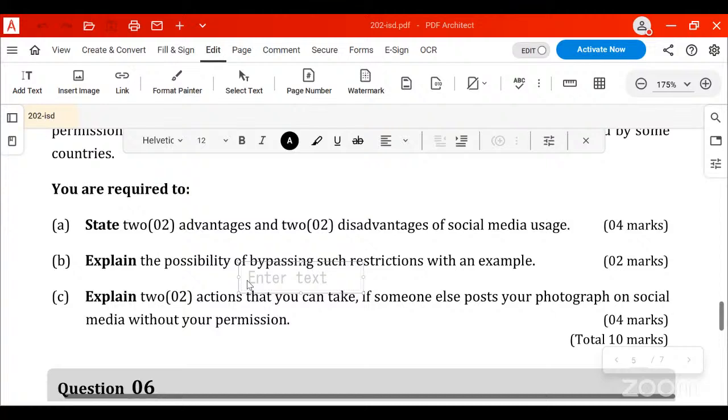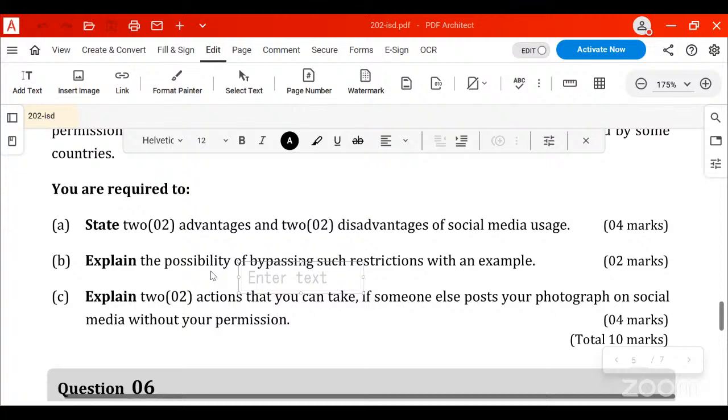Then there is the possibility of bypassing social media restrictions. We have this experience. When social media is restricted, we use virtual private networks, VPN. We use different VPNs. VPNs mask the user's IP address, allowing them to access restricted platforms by connecting to servers in countries where the platform is not blocked.